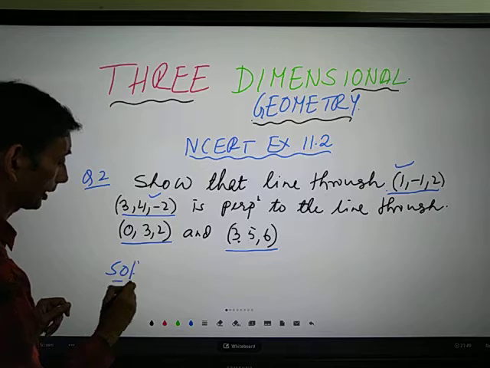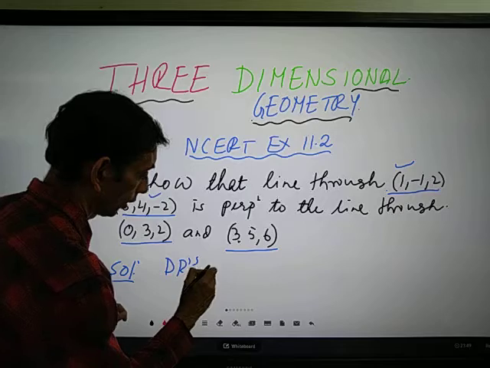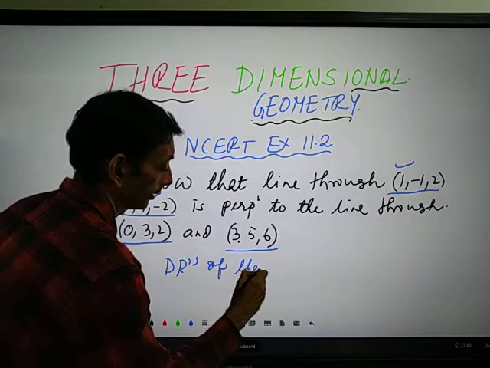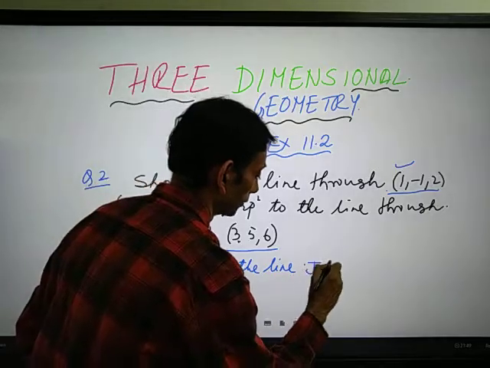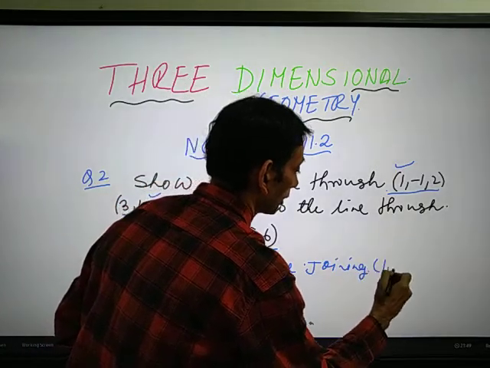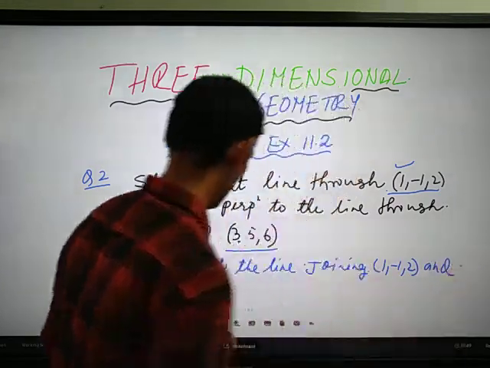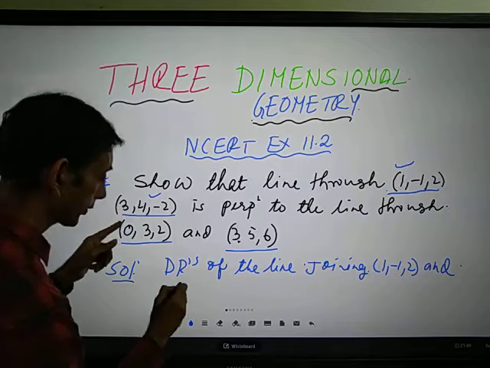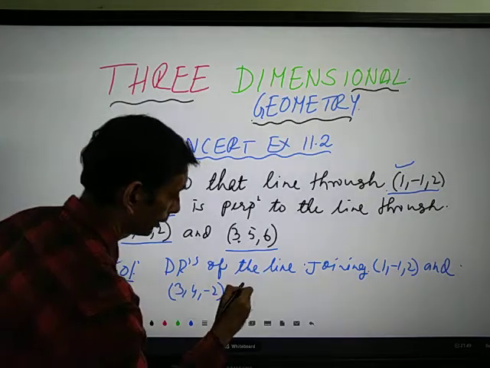The solution starts with the direction ratio of the line joining 1, -1, 2 and 3, 4, -2.